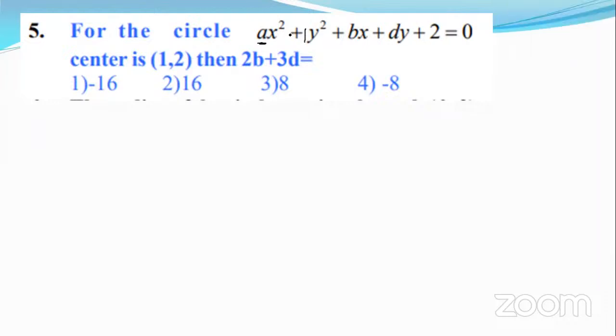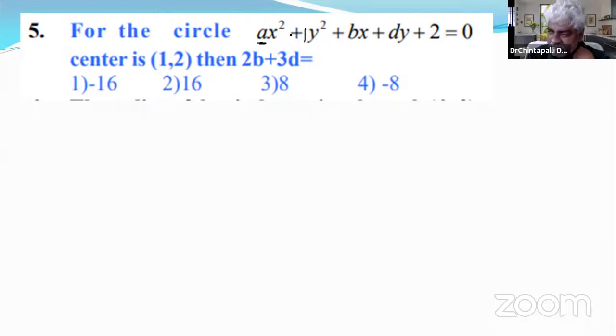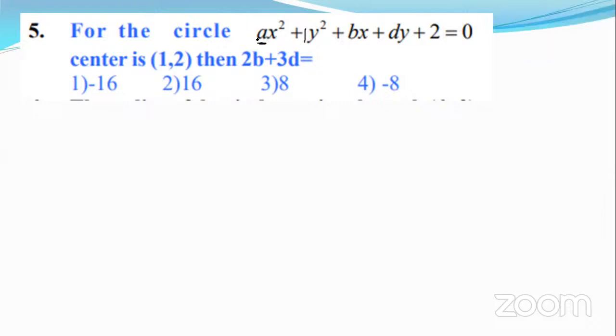Standard form means having x square coefficient and y square coefficient 1. Before that, do we have to divide everything by a? Before that, we need to find the value of a using the concept that x square coefficient and y square coefficient must be the same. What is the x square coefficient here? A, sir.